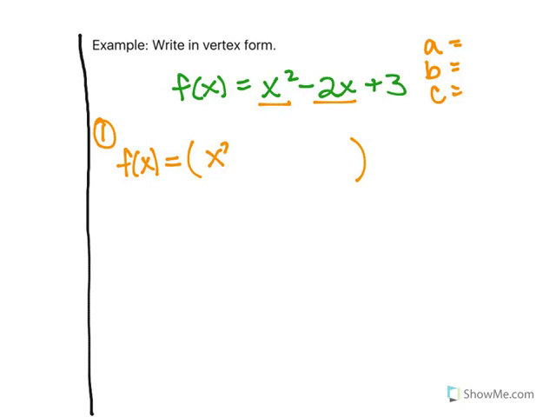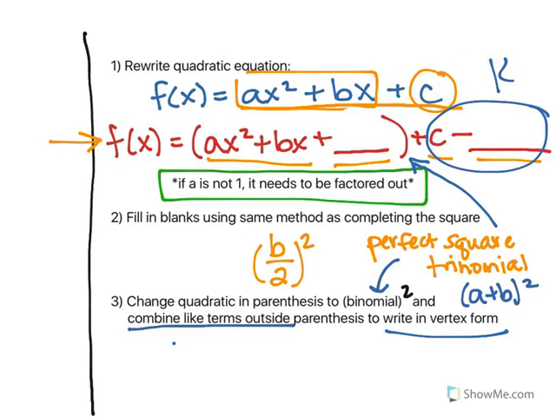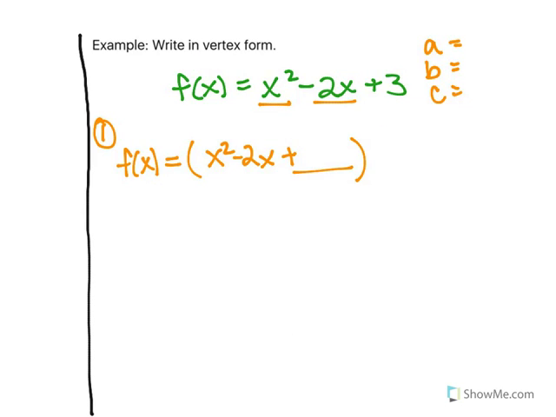So we're going to write x squared minus 2x, and then we're going to have that blank. So if we look back here, ax squared plus bx plus our blank. On the outside, we're going to write our c term, plus 3, and we're going to subtract the blank.